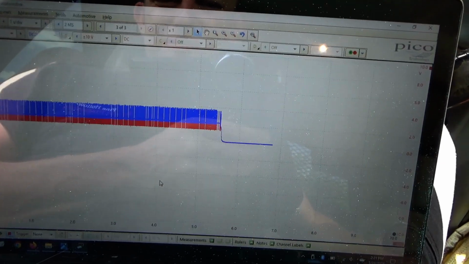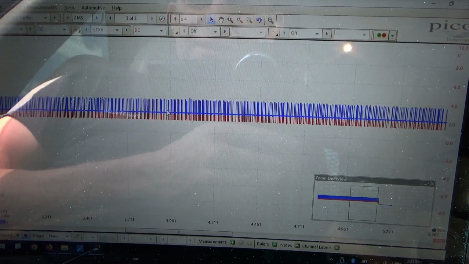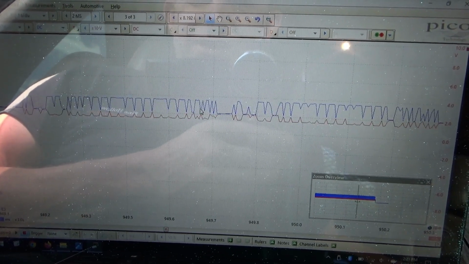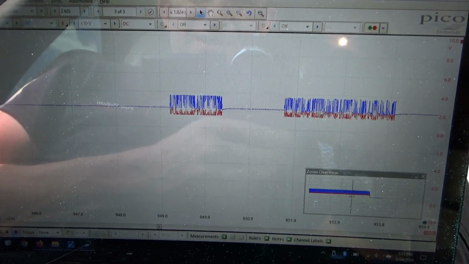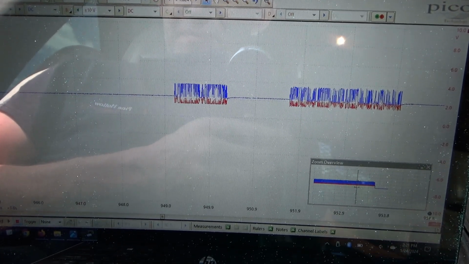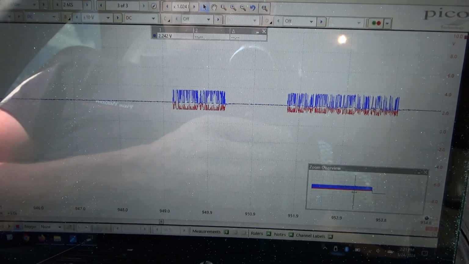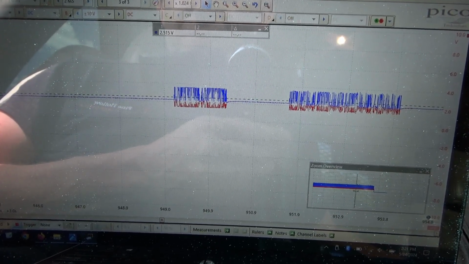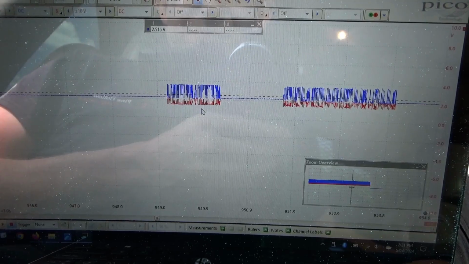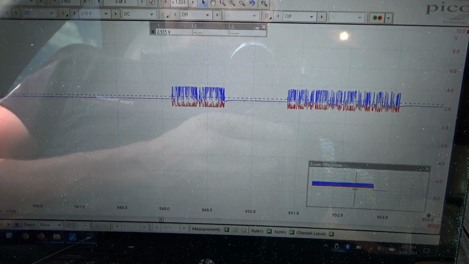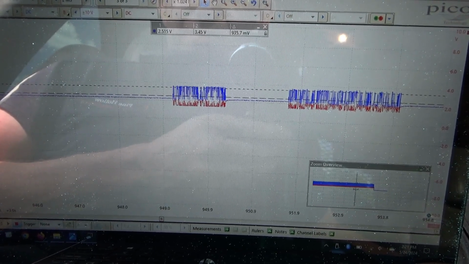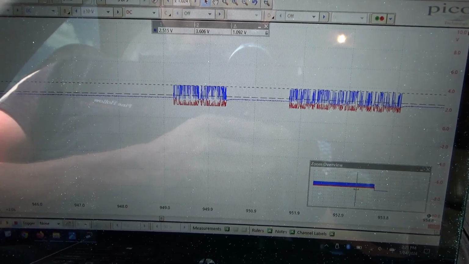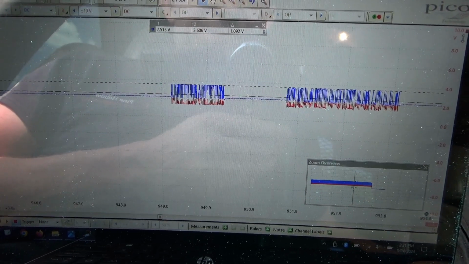There we go. So right here, is it happy? Are we good? I still don't like that. We're at 2.2 volts instead of 2.5. CAN high is going to 3.6. Okay, that's fine.